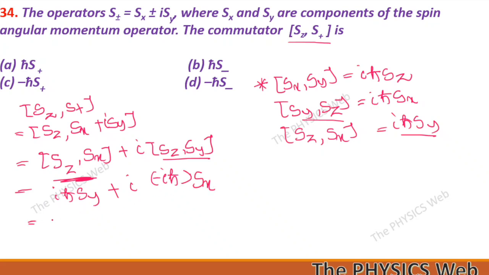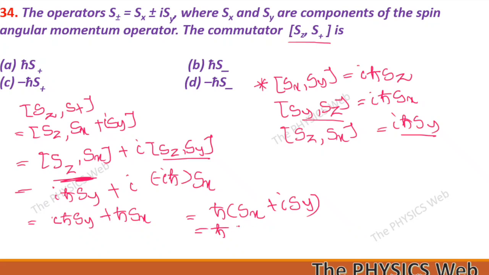Okay, so this will be iħSy minus (minus) ħSx, so this will be equal to ħ(Sx + iSy). So this will be ħS+. Okay, so A is your correct option.